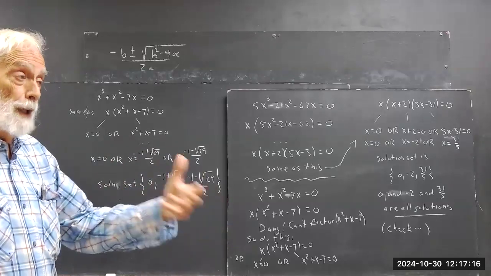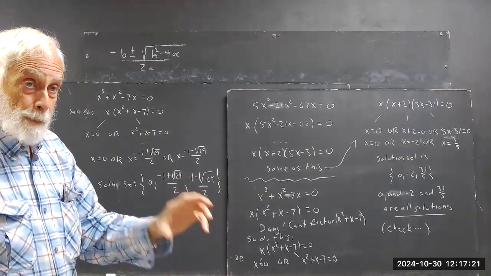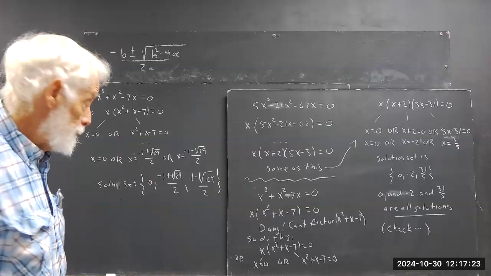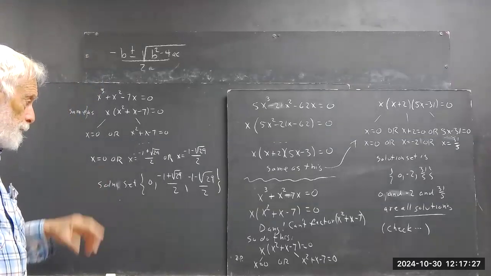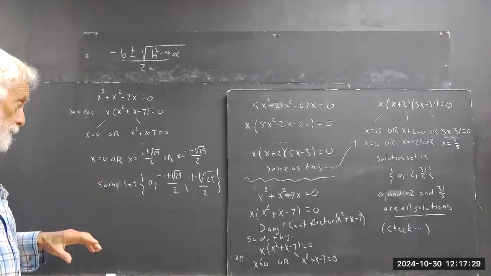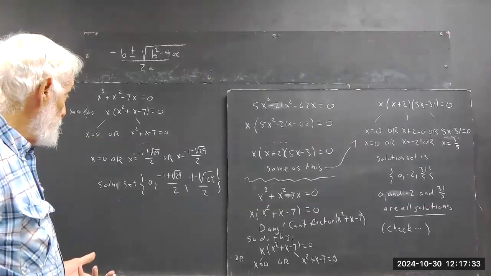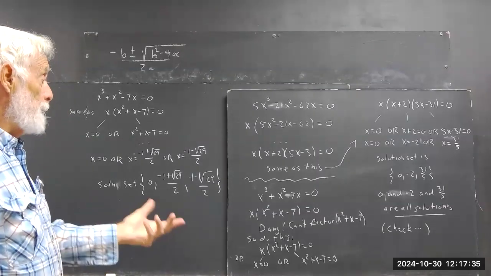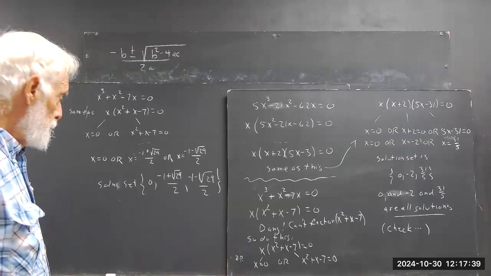The square root of a negative is an imaginary number, but we're not talking about that just yet. Everybody should have seen that in their prerequisite courses, but a lot of people don't necessarily remember it. Maybe some people didn't even see it.